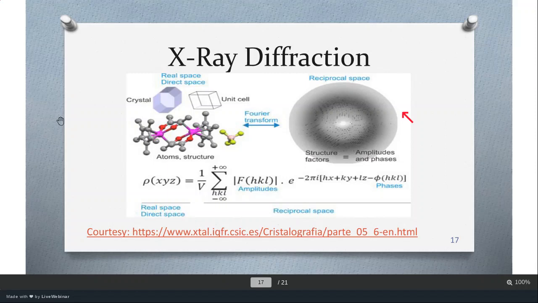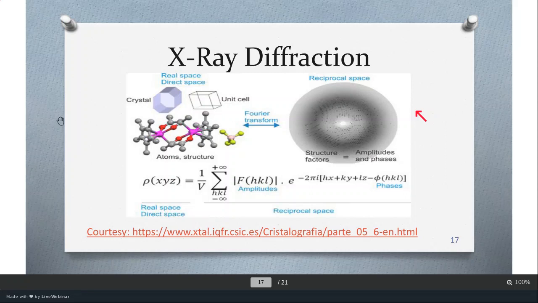When X-ray diffraction was first started, the reciprocal space diffraction patterns people were getting, they transformed these reciprocal space diagrams into real space, direct space diagrams, and got information about the crystal structure. Everything was documented properly, and literature was there. Nowadays we just take the X-ray diffraction pattern and match it with the literature in the reference files.